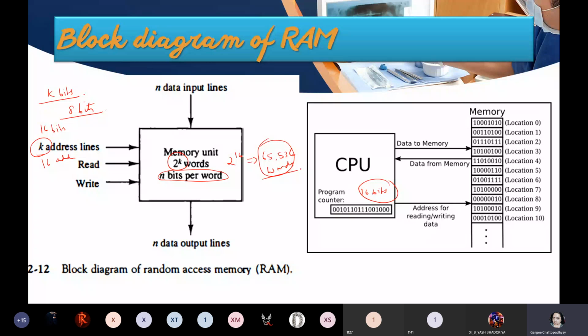We will not go into the details of it. Now you can perform read and write operations. When you are extracting something from this, when some output is coming out, that is your read operation. And when some input is going inside it, it is your write operation.